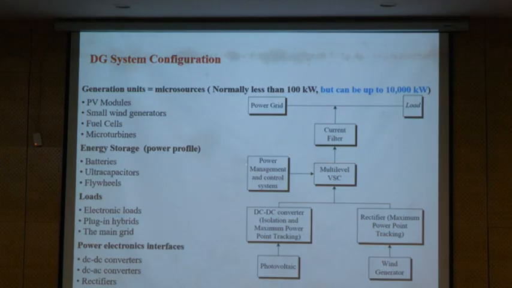But we need the power management and control system. Why? Because here is the DC system and here is the AC, and the AC can be 60 Hertz or 50 Hertz, 110 volt or 220 volt or 400 volt, 11 kilovolt. So you should provide control on this. The converter is like a computer. You can turn it on, but as long as you don't know how to program, it doesn't provide anything.